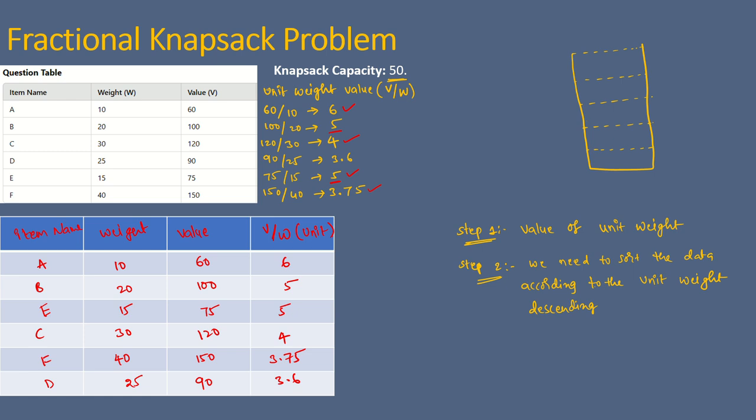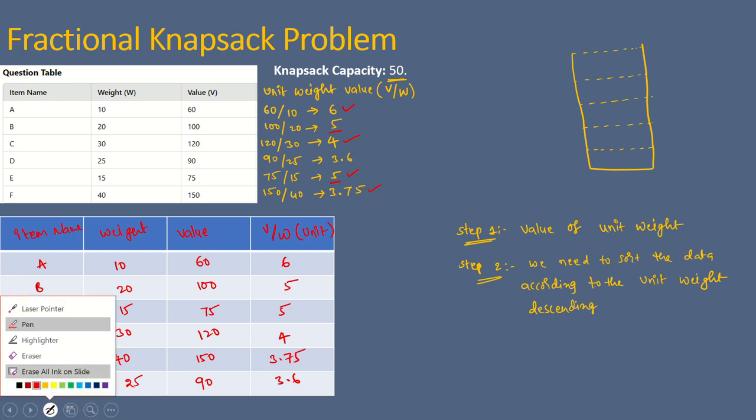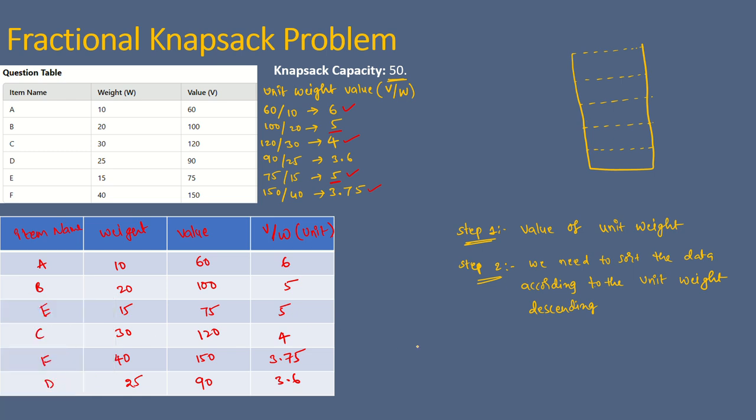Next, I need to select these items and fill them into the container, and let us decide what is the total value. So I am going to find the total value. My requirement is to know only the total value. I will also tell you what items are included in that knapsack.